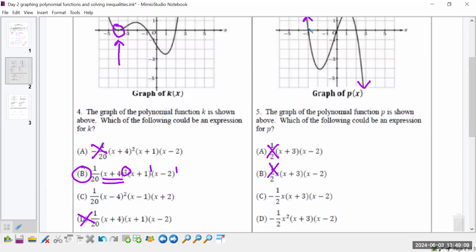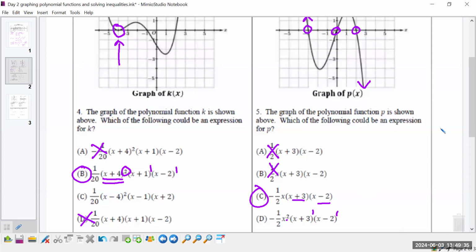I also see single zeros at negative 2, 0, and 2, because the graph just crosses those. There's no tangent point there. So the answer has to be C, which makes sense because I have zeros at 0, negative 3, and 2, and they're single zeros.